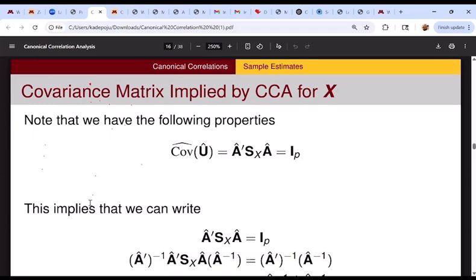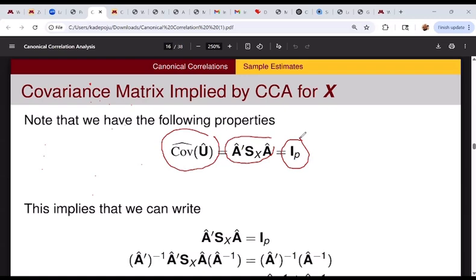Now, let me tell you this. Statistically speaking, if I look at the estimated covariance for the canonical variates derived from S, if I look into that, it should give me the identity.